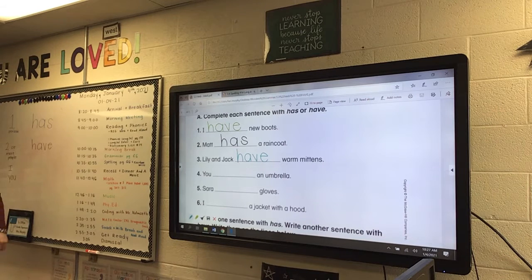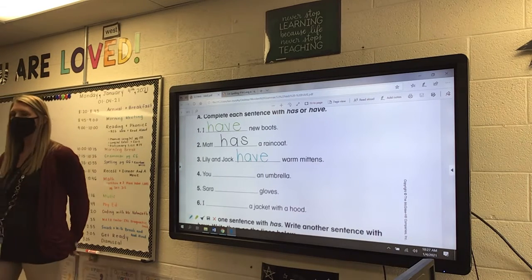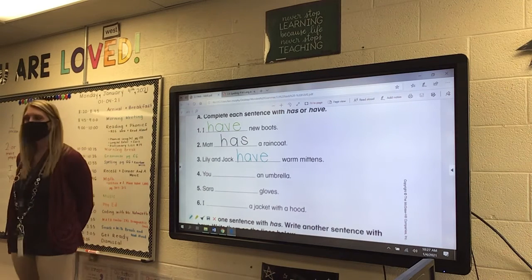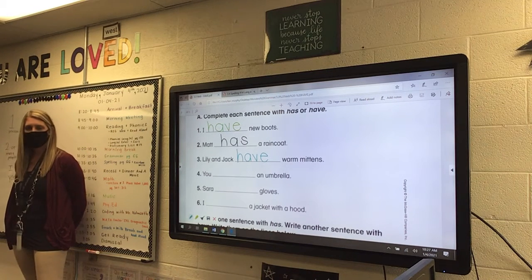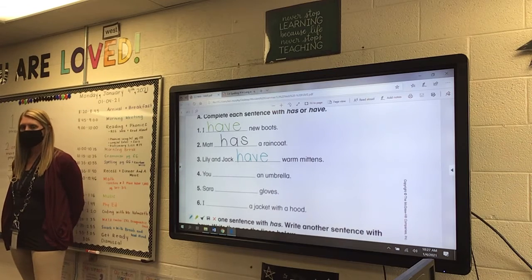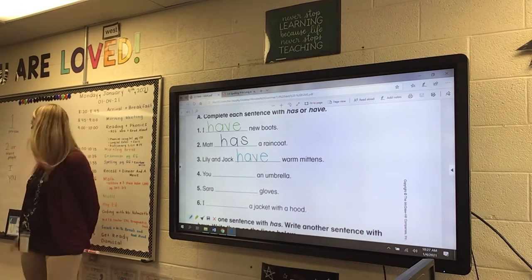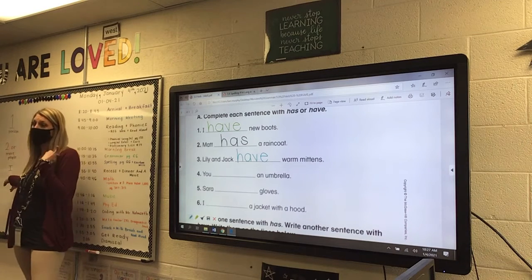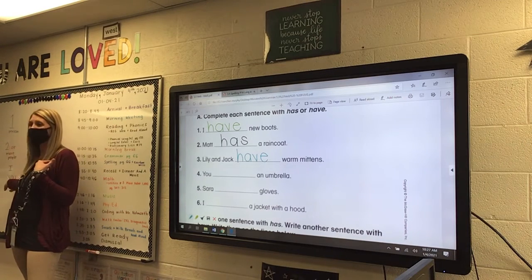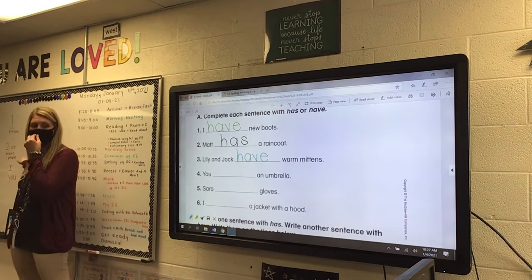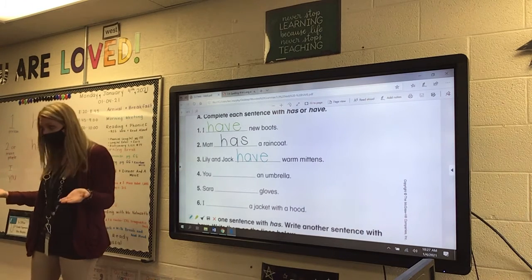All right, number 4. Kinsley, would you read number 4? You blank an umbrella. So we have you. You is only one person, but remember it's down here. So you, we have to use have. So you have an umbrella.